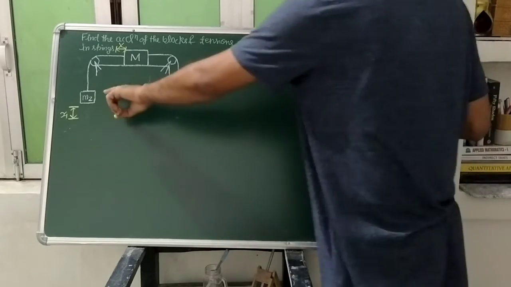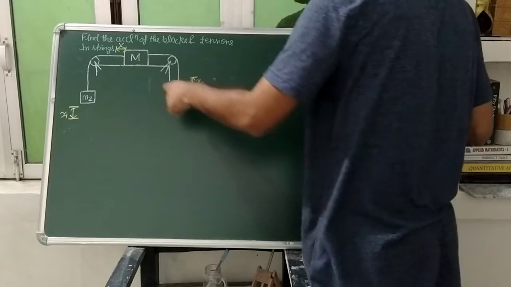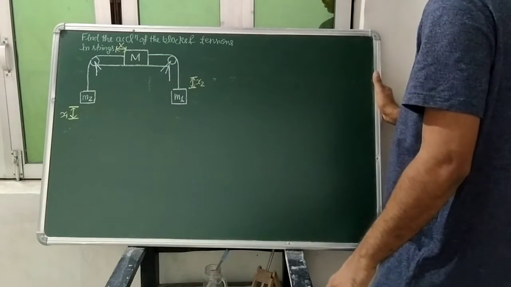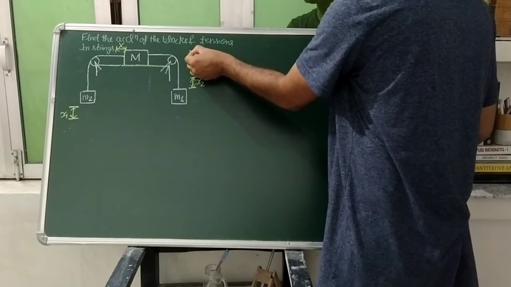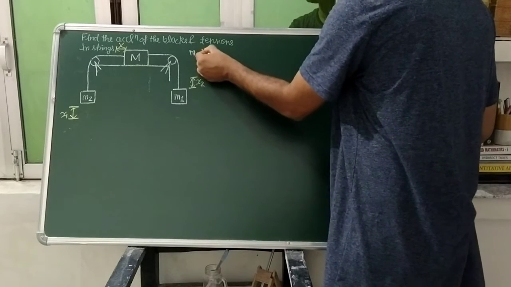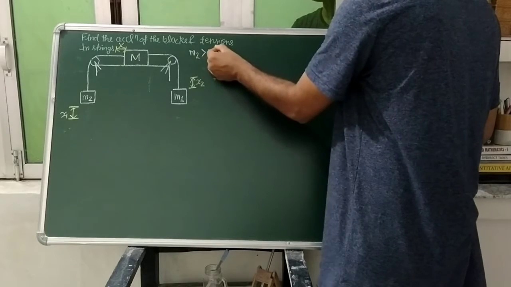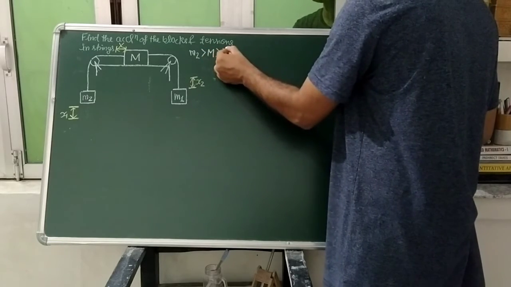Suppose I am saying this M2 is greater than M and M1. So you can write that as well, otherwise you can get confused. This M2 is more than this capital M, which is more than M1.